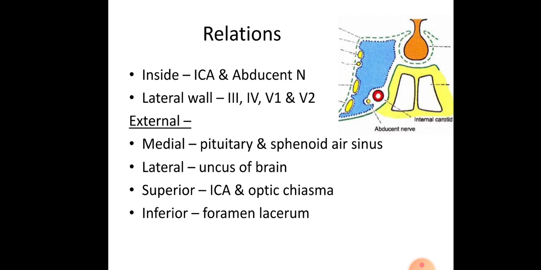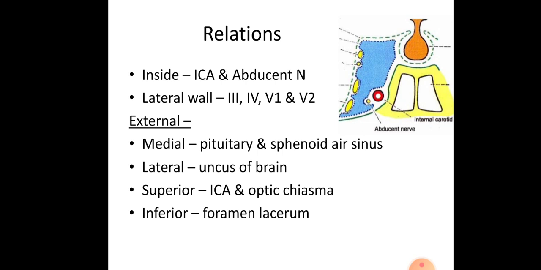Okay, this cavernous sinus, you can say there is a roof, it has a floor, it has got a medial wall, and it has got a lateral wall. And you can see in the picture, the lateral wall is continuous with the roof and the floor is continuous with the medial wall. Okay, and the roof and the lateral wall are formed by the meningeal layer, and the floor and medial wall are formed by the endosteal layer of the dura mater.